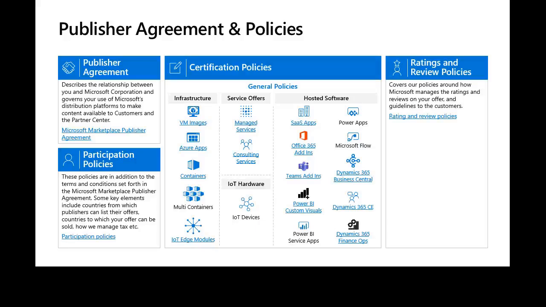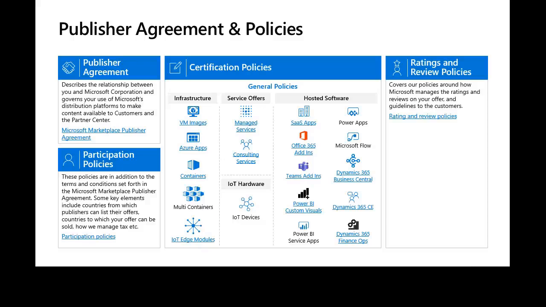The terms and conditions in this document also govern how we operationalize the end-to-end processes for you, including how we onboard you, certify you, and publish your offer, billing your customers, dealing with the taxes, and processing the payouts to you for your revenue share that Brian just covered.